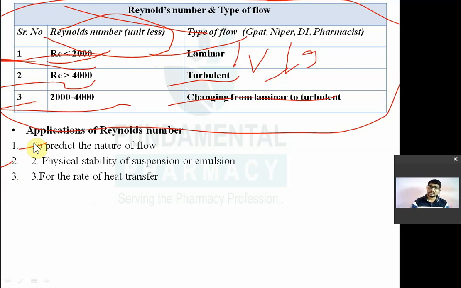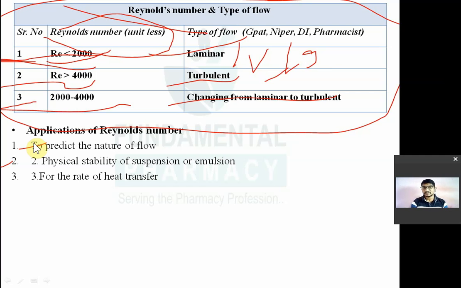There is a dispersion of solid particles in the liquid, that is the suspension. As there is a solid particle in the liquid, there may be settling of that solid particle at a specific time, which depends on many factors: temperature, pH, viscosity and all that.